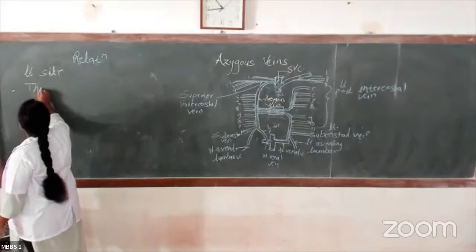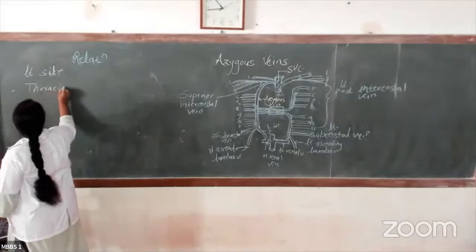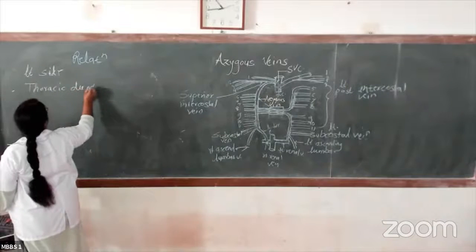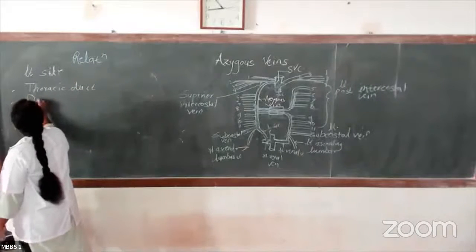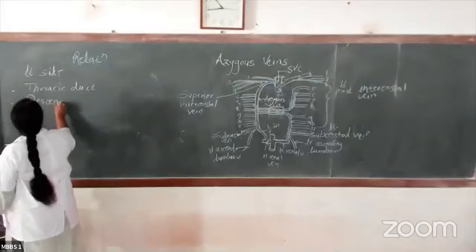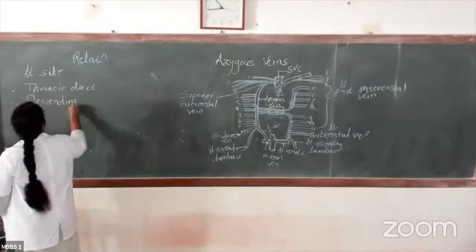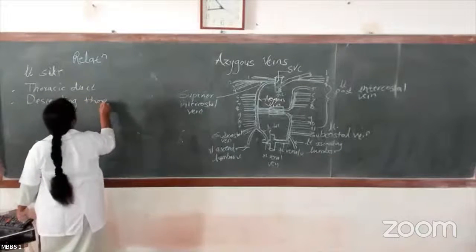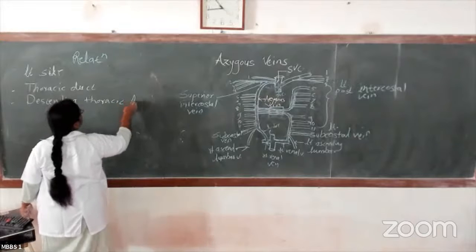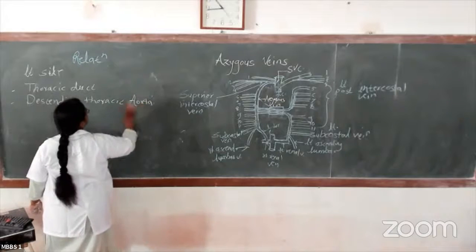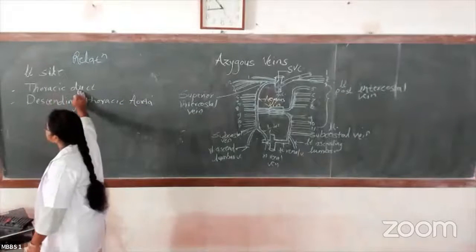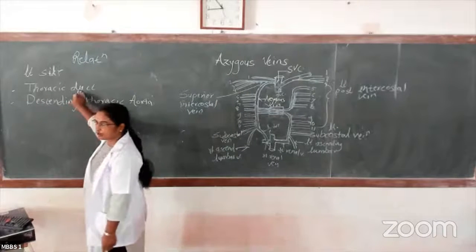Thoracic duct, then descending thoracic aorta.